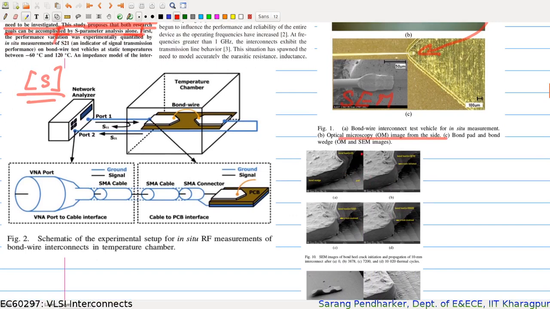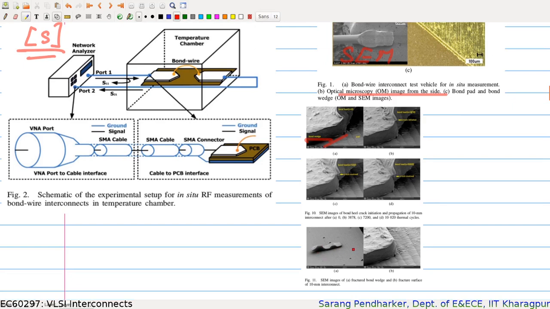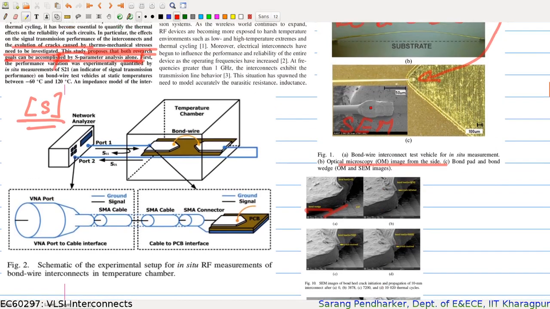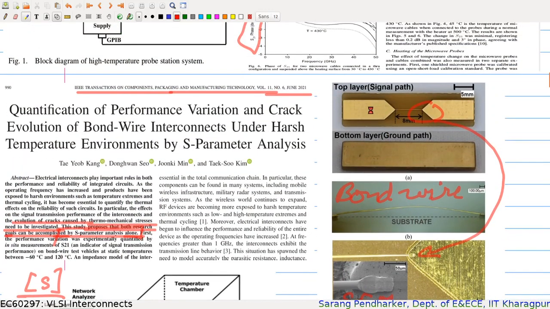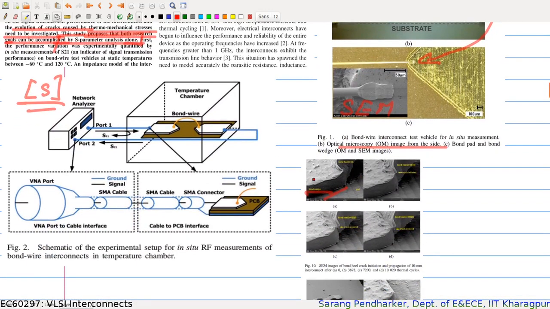They have even further zoomed into this bond wedge, and how this is connected to the surface, and how this is bending, and then it can actually break also. It's very recent, June 2021. I would suggest you to go through this as well.